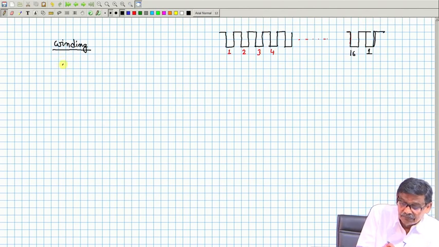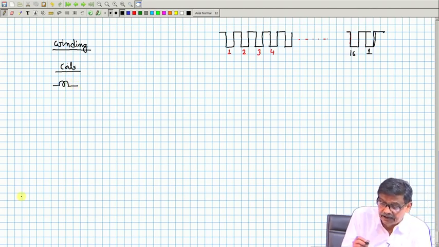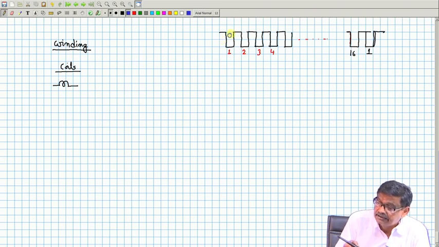In this column I will write coils, and each coil I will show like this. Suppose I take one coil in the upper deck, this is the starting coil side and this is its return.